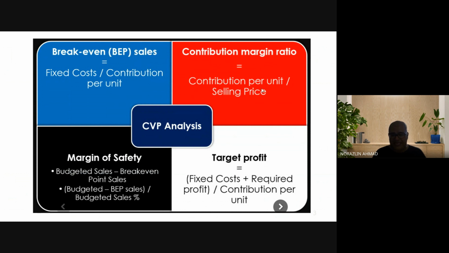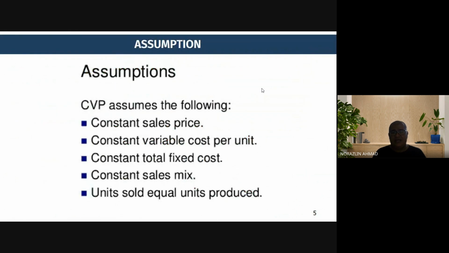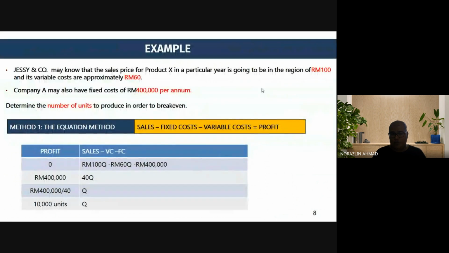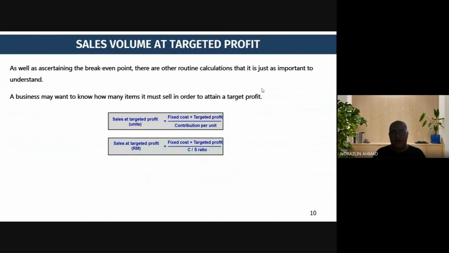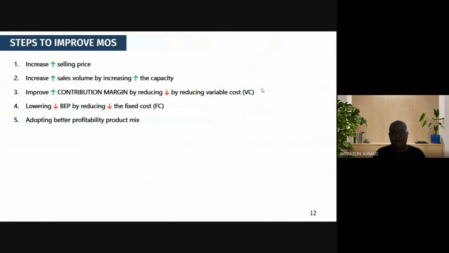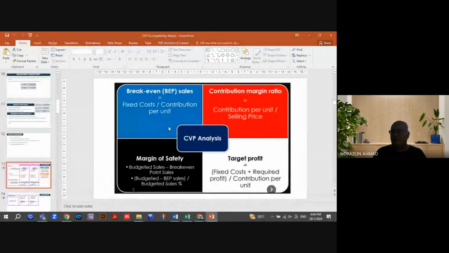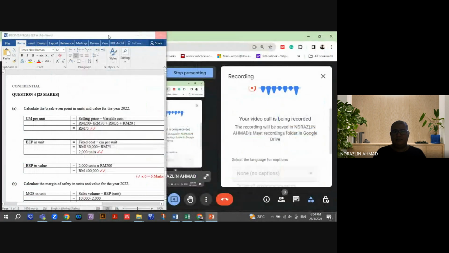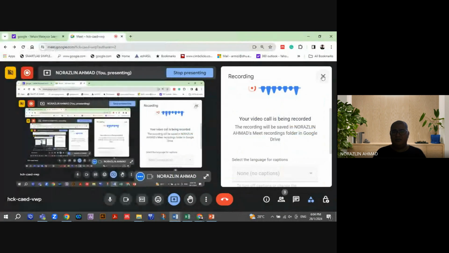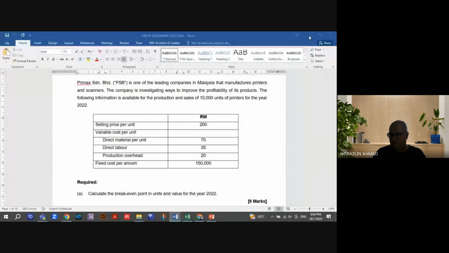We have margin of safety and target profit. You can go through this by yourself, because you can get the formula from here in order to answer the question.